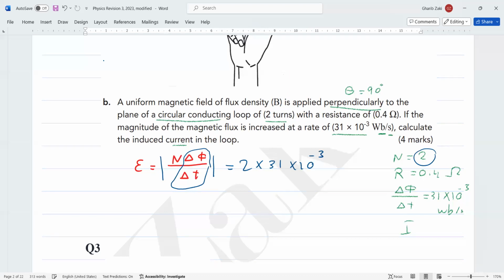So the answer of this part is 6.2 multiply 10 to the power -2 volt.